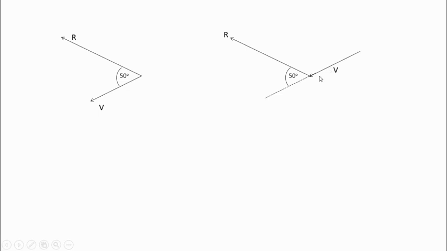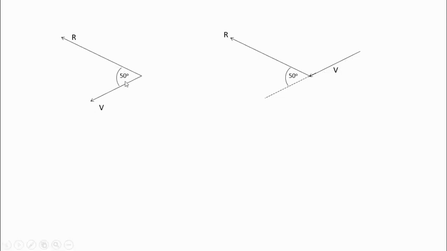The v here has the same length as this v, so same magnitude, and it points in the same direction as it was over here. This v is parallel to this v. So this line is representing the very same vector that we had over here, but it's just that I've drawn it at a different position on the page.